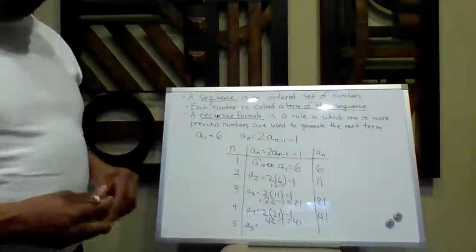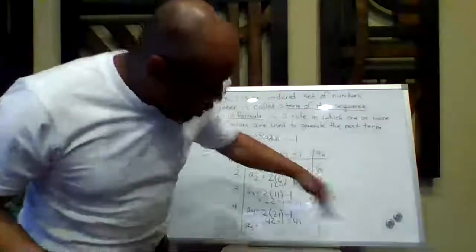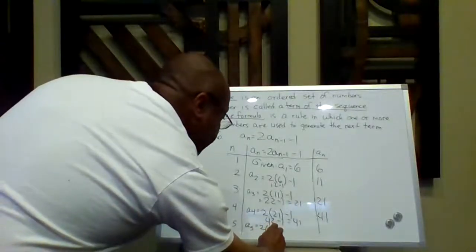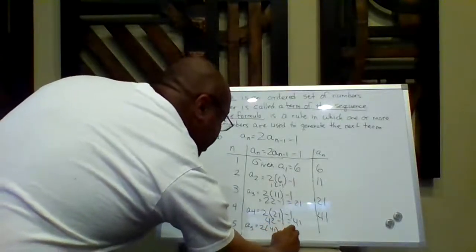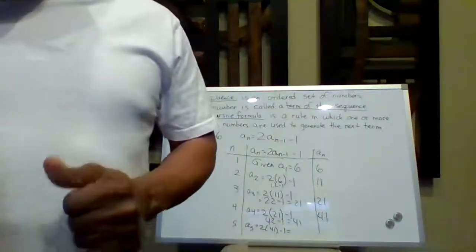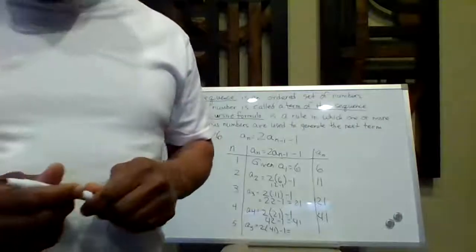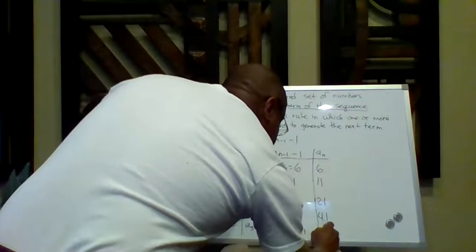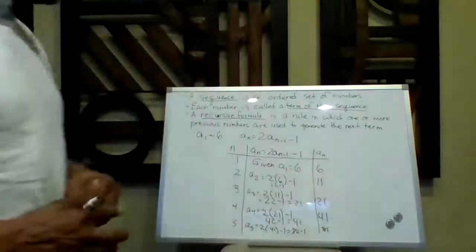A sub 5, we're going to use the 41. So we're looking at 2 times 41 minus 1. 2 times 41 is 82, and 82 minus 1 is 81.